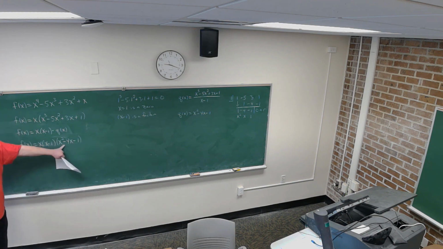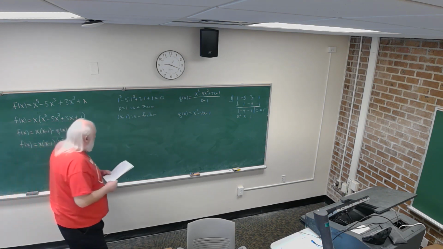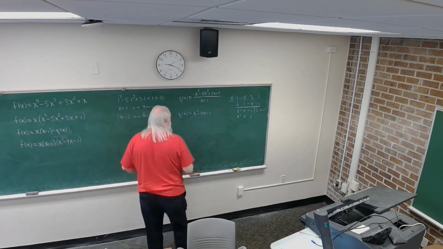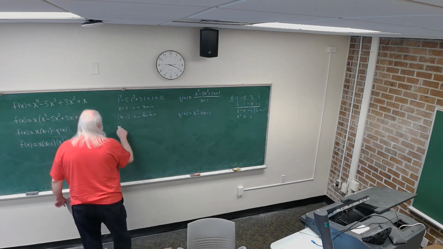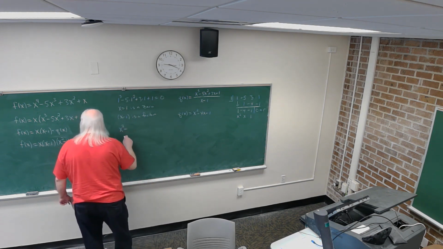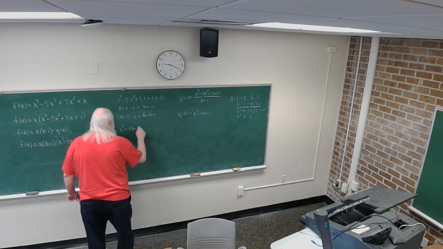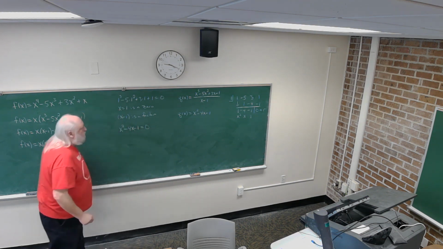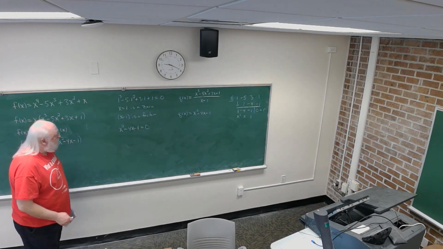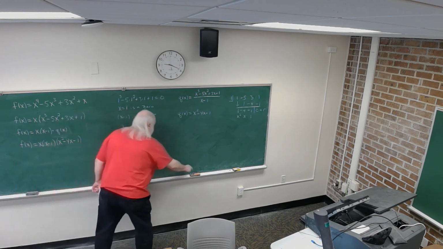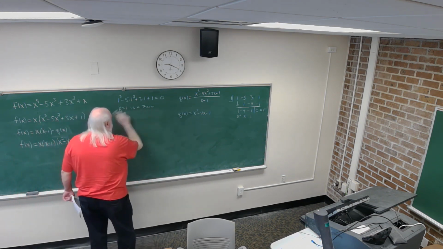So we factor this quadratic. We find the values of x that make that quadratic equal to 0, and we find the last two zeros from the last two factors. So we set x squared minus 4x minus 1 equal to 0, and then we solve for x.